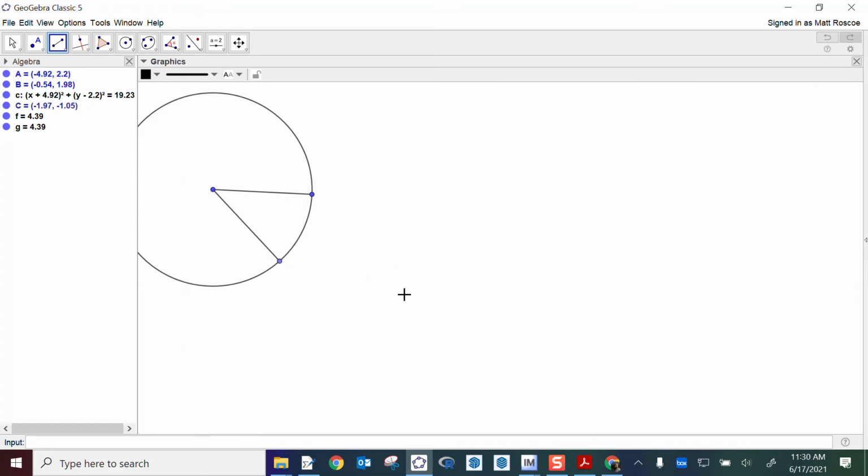So now the question is, how do I make this last point such that it's always going to maintain the same distance from these two points as these two points are from the center of the circle. And I think the way we do that is we put the circle here and we draw it in such a way that this becomes its radius.